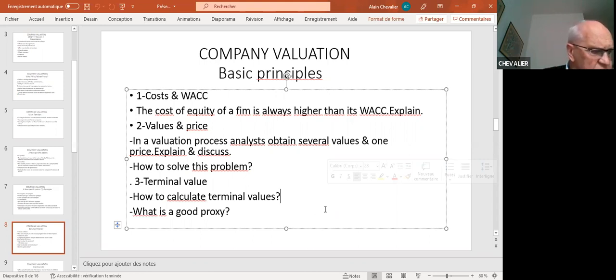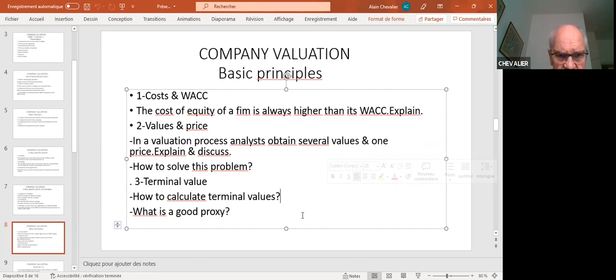Okay. So this is what I wanted to present first, before we move to an exercise, which will allow us to come back to some points we have already studied, to connect them with evaluation processes, and to make a few exercises and calculations. This is what I want to do.